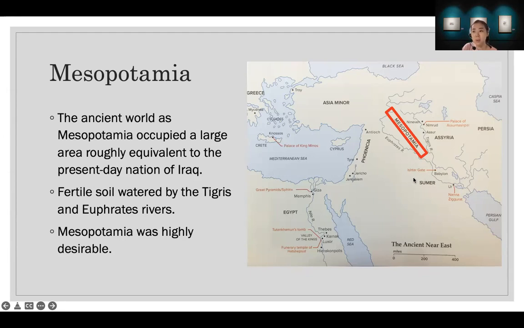The fertile soil watered by the Tigris River right here and the Euphrates River made Mesopotamia highly desirable, but a lack of natural boundaries made it easy to invade and difficult to defend.